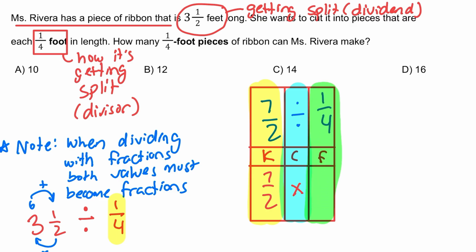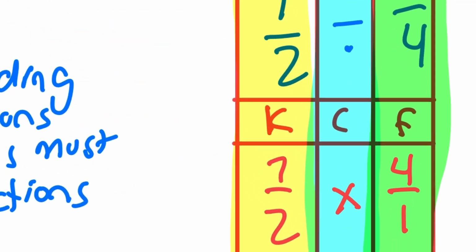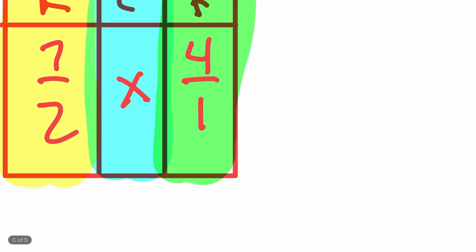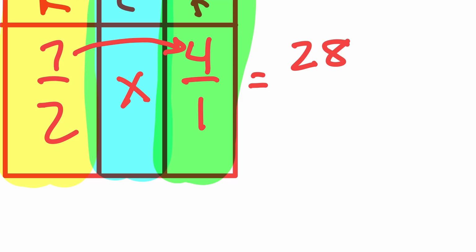So we're going to take that fraction and flip it so that instead of 1 over 4, it becomes 4 over 1. And now that we have our multiplication question, let's zoom into it. So we have 7 times 4, and 7 times 4 equals 28. And then we've got 2 times 1, which equals 2.